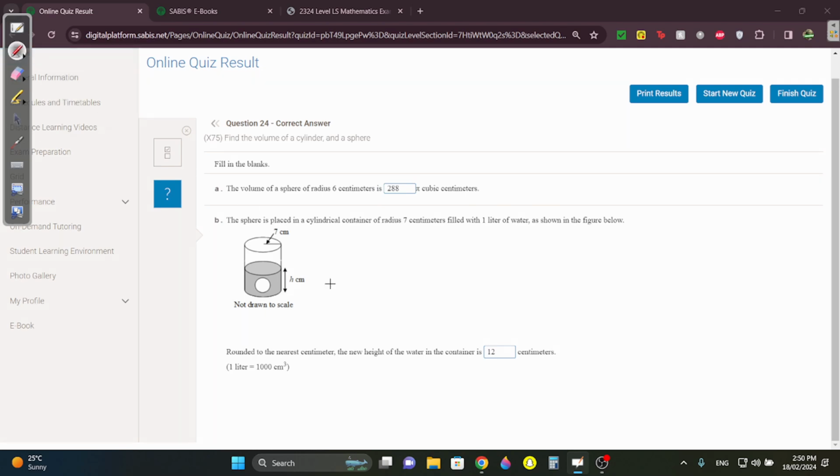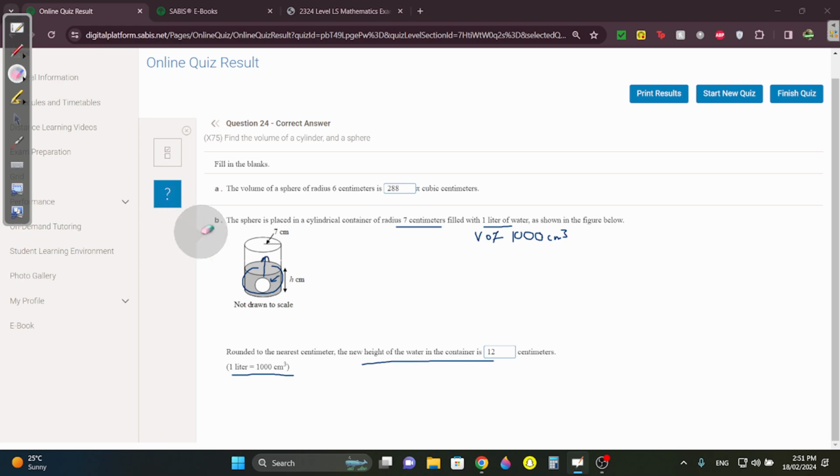Part B is a bit more practical. The sphere is placed in a cylindrical container of radius 7 centimeters, filled with 1 liter of water. 1 liter, by the way, has a volume of 1000 cubic centimeters. What is the new height of the water? Obviously, once you place the sphere inside the water, the volume of the water will increase.